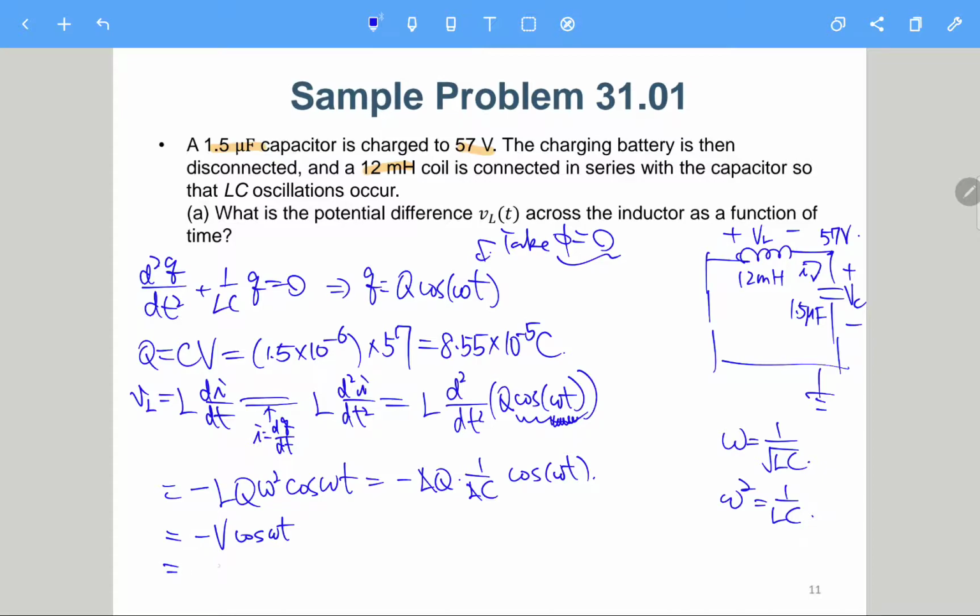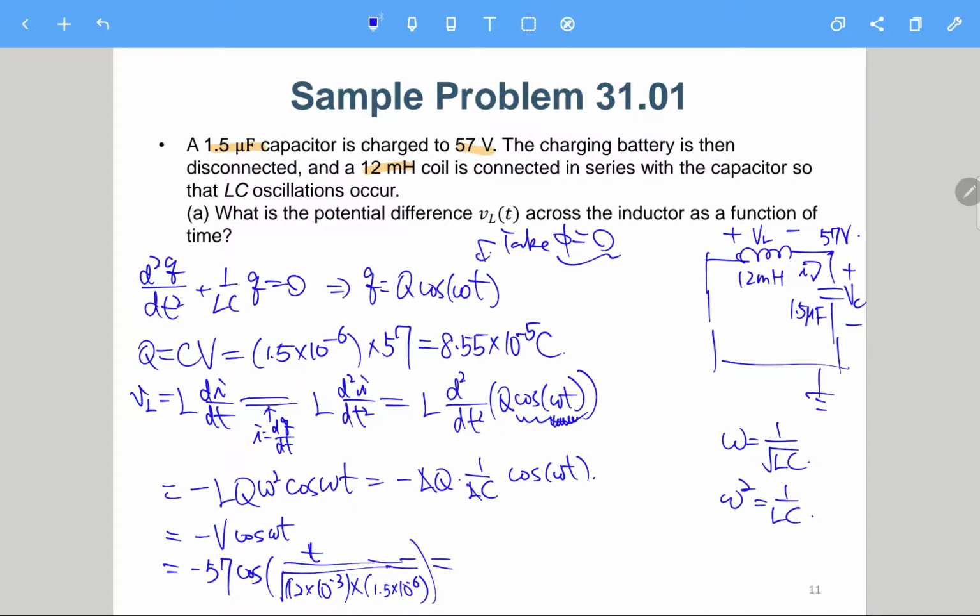Which is nothing but minus 57 cosine of t over square root of LC. L is 12 times 10 to the minus third power times C. C is 1.5 times 10 to the minus 6 power.